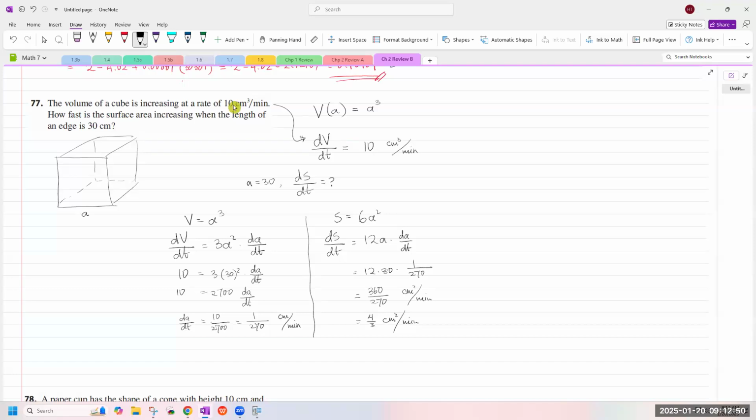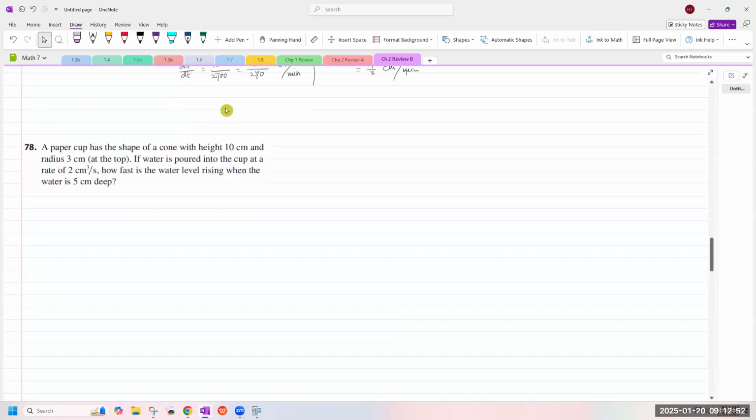That's for number 77. Number 78, a paper cup has the shape of a cone with height 10 centimeters. Okay, let me draw that cone first. A paper cup with cone, the height is 10 centimeters. The radius at the top is 3 centimeters.